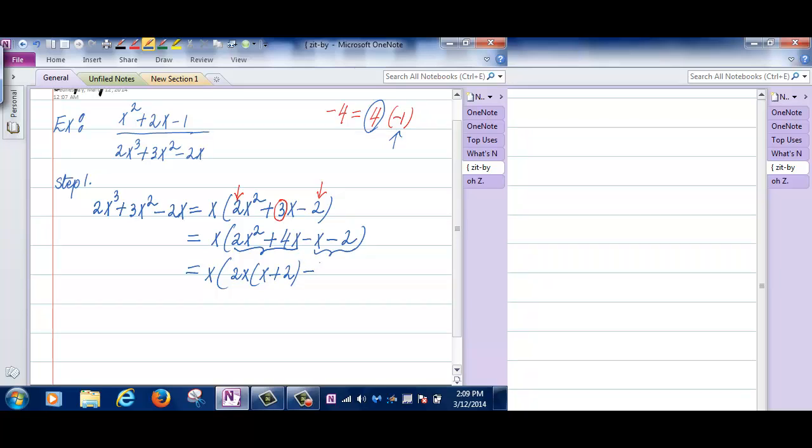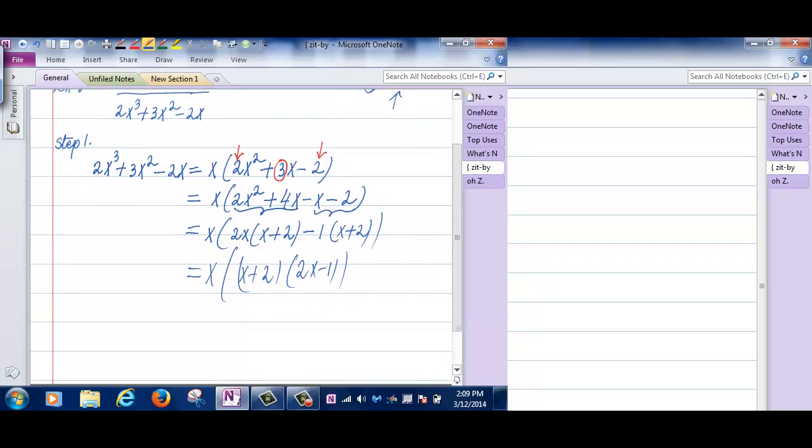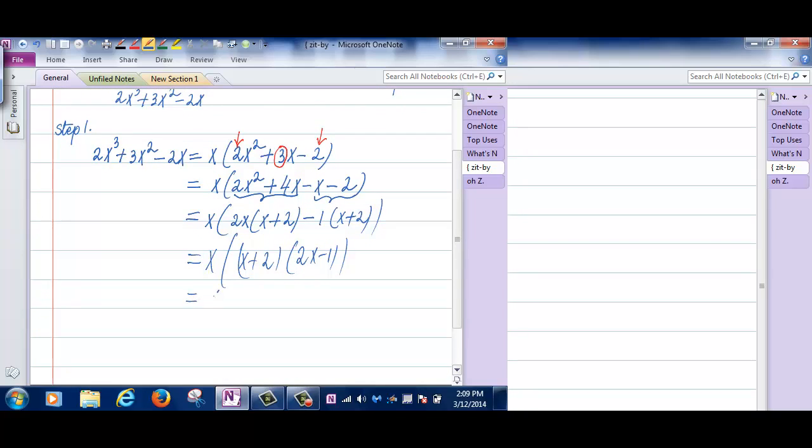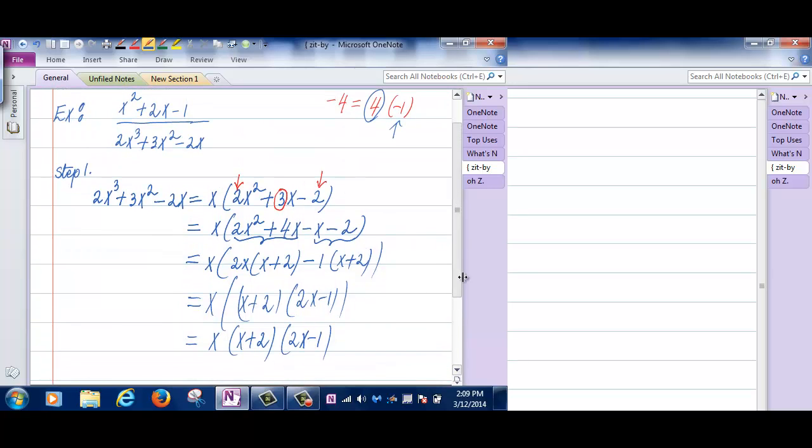From the second two, negative 1, I get x plus 2 as well. Now that I have x plus 2 as the common factor, I can factor that out as well. So I have x plus 2 multiplied with 2x minus 1. So at the end, my factorization is x multiplied with x plus 2 multiplied with 2x minus 1. This is the complete factorization of the denominator.